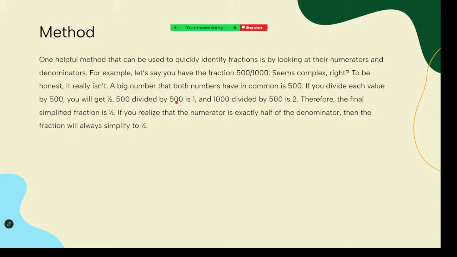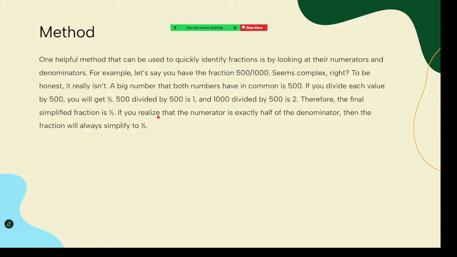500 divided by 500 is 1, because anything divided by itself is 1, and 1000 divided by 500 is 2, because 500 can go into 1000 exactly twice. Therefore, the final simplified fraction is 1/2.